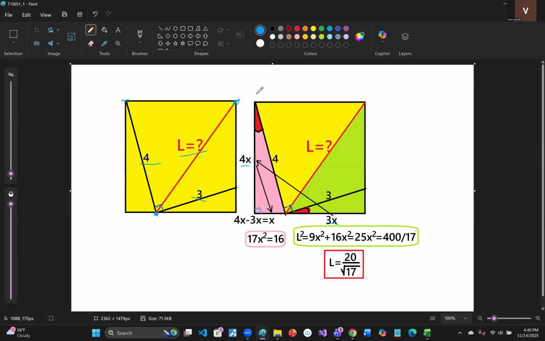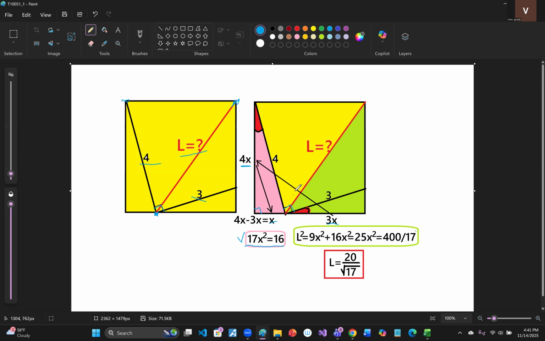And we know the hypotenuse of the pink triangle is 4, and the legs are 4x and x. It means that by the Pythagorean theorem, 17x squared is equal to 16. Let's remember that.